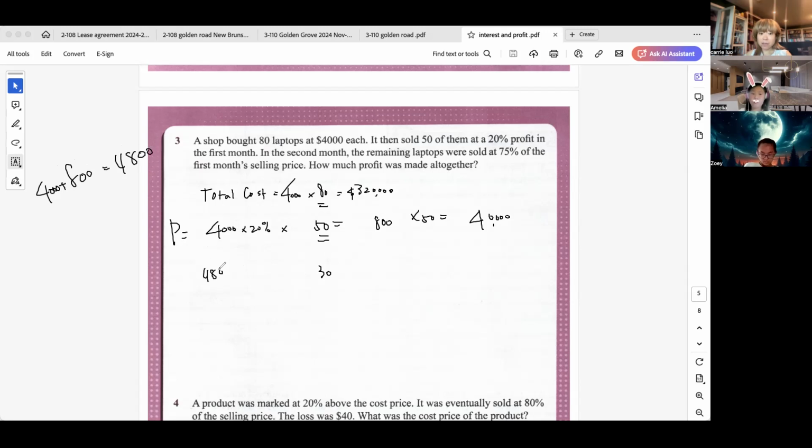So it's 4,800 times 75%. 对不对？好了，那 how much money made? Selling price minus cost times how many of the product? 是不是4,800乘以75%，然后减去4,000，对不对？Amelia, bless you. So equals 3,600 minus 4,000 times 30.